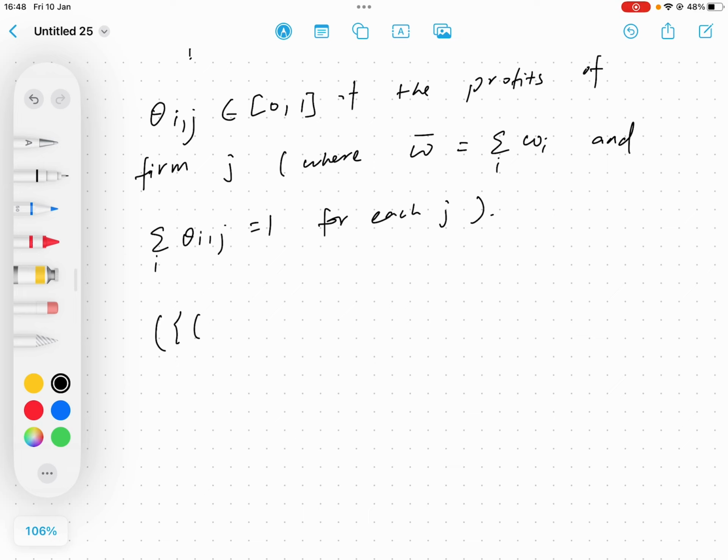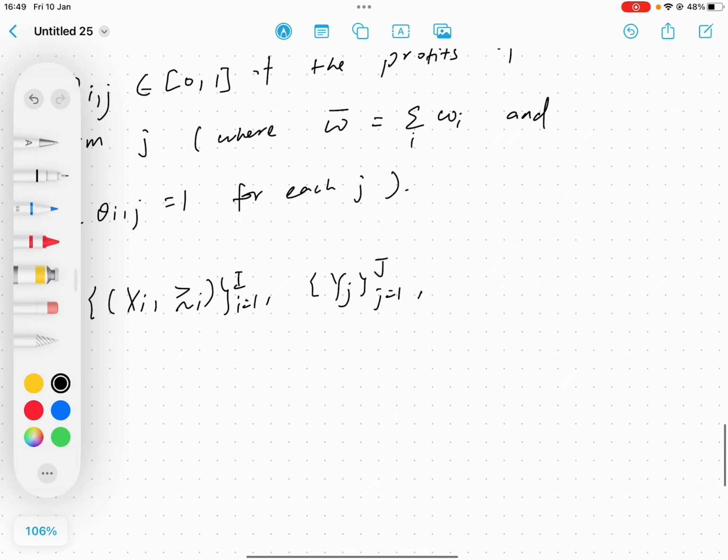First, the consumers, again, X_i, preference, from 1 to capital I, and the producers, firms, from 1 to J. Okay, and then the endowments and the shares: omega i, theta i1, and theta i2 up to theta iJ for firm J. And this is for each person i.